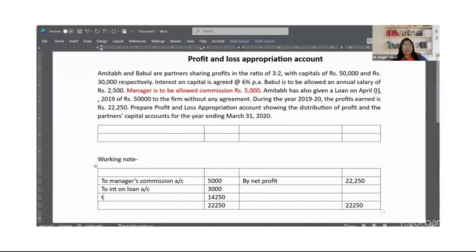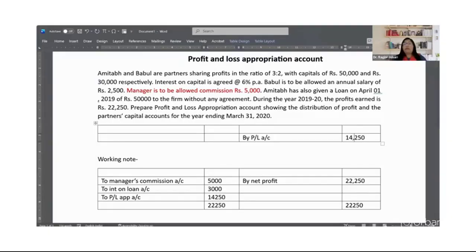This goes to the P&L appropriation account. This is my starting profit for the P&L appropriation. So I start with this amount of profit, by P&L account, that is my net profit, 14,250.